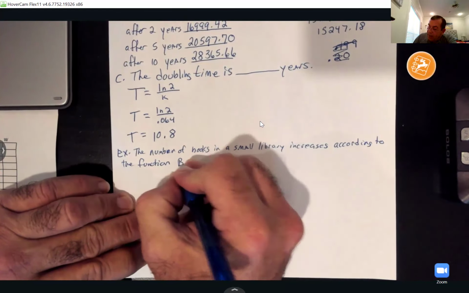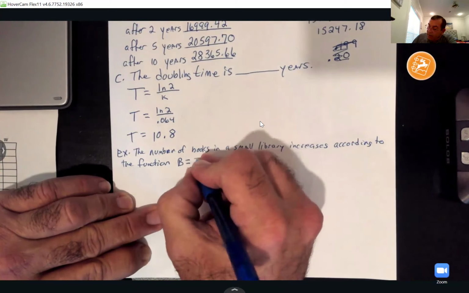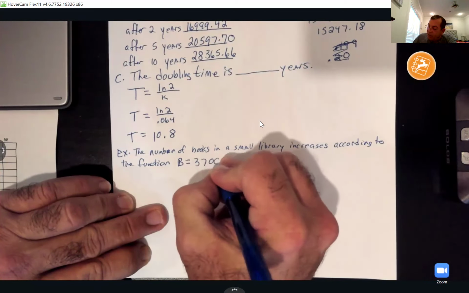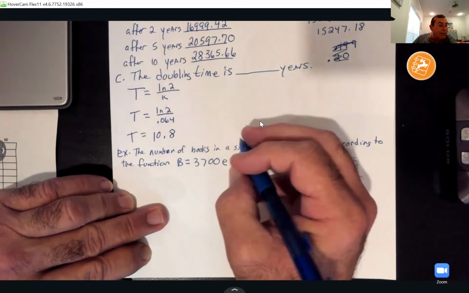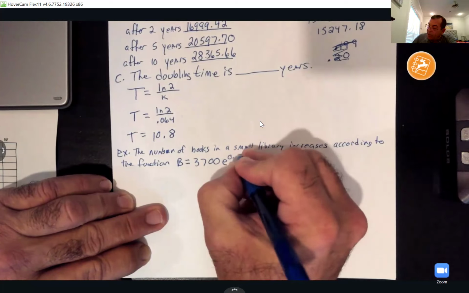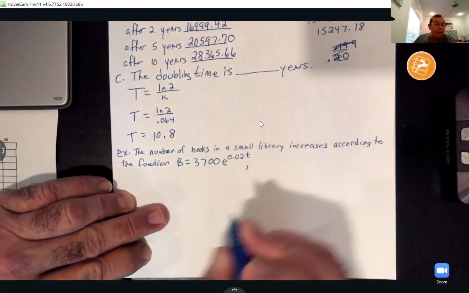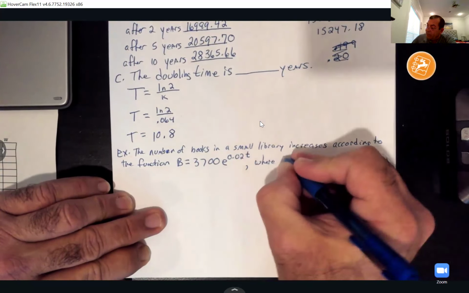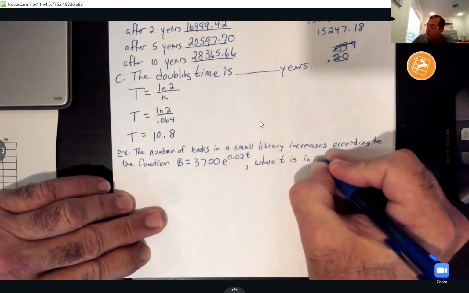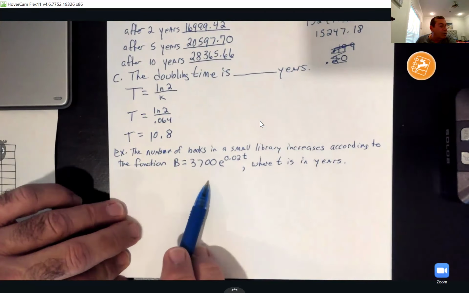So they got B equals 3,700 E to the 0.02 T, where T is measured in years. So they're giving us the formula we're using.